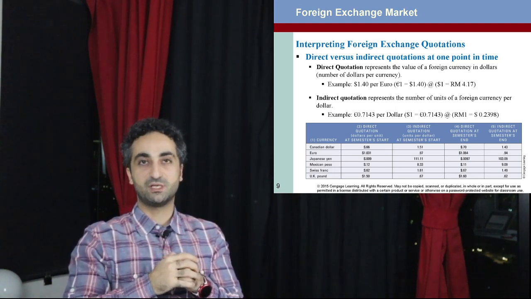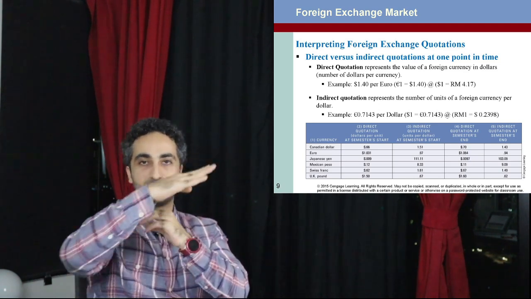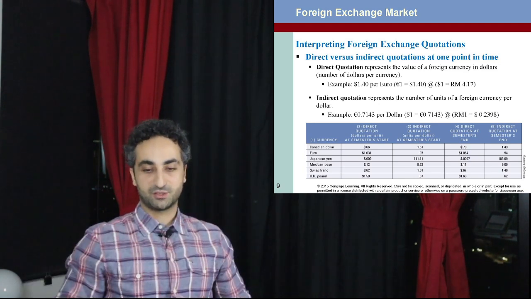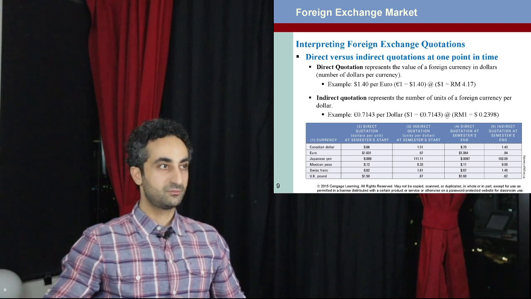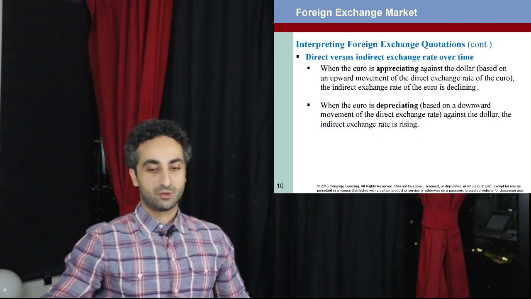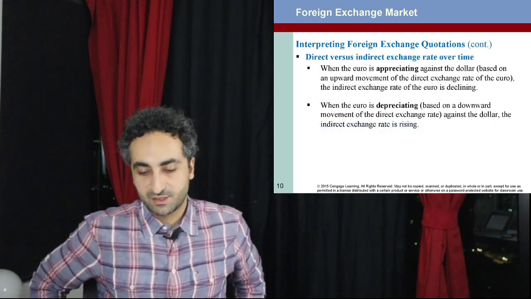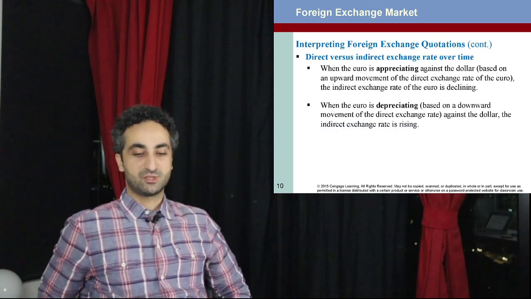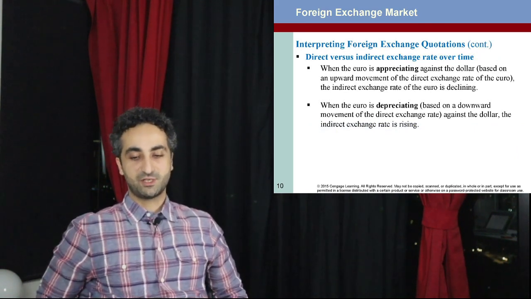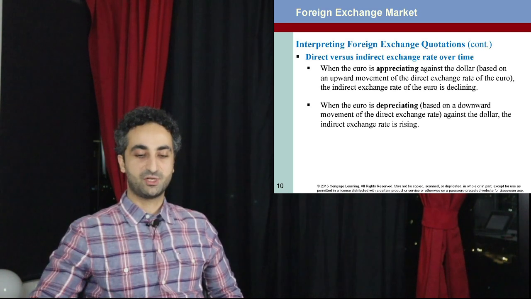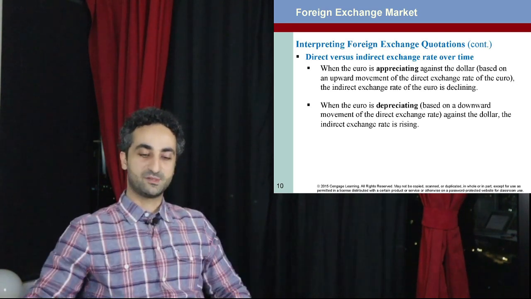So you need only 94. Of course, it's the opposite direction. Okay, so when the euro is depreciating, as we discussed, based on a downward movement of the direct exchange rate against the dollar, the indirect exchange rate will be rising, always the opposite direction.